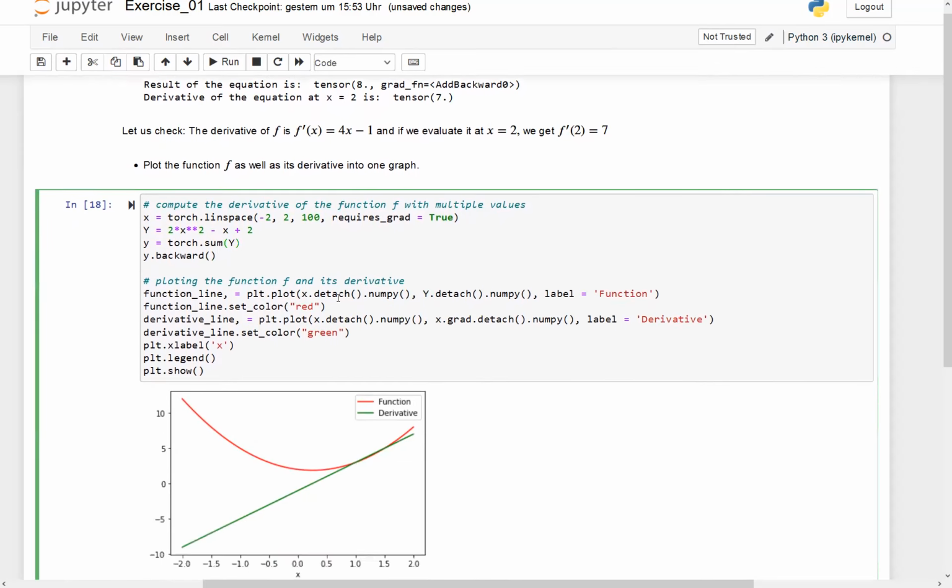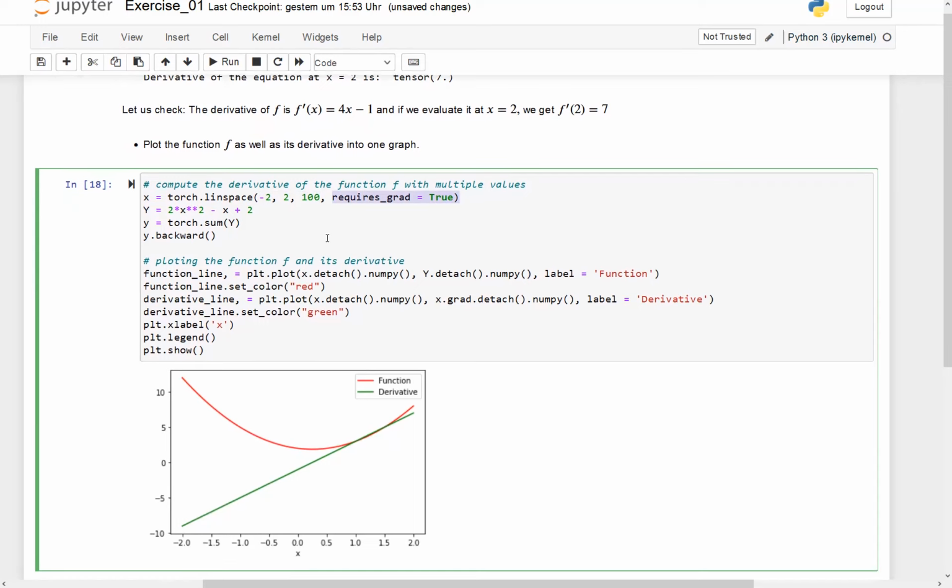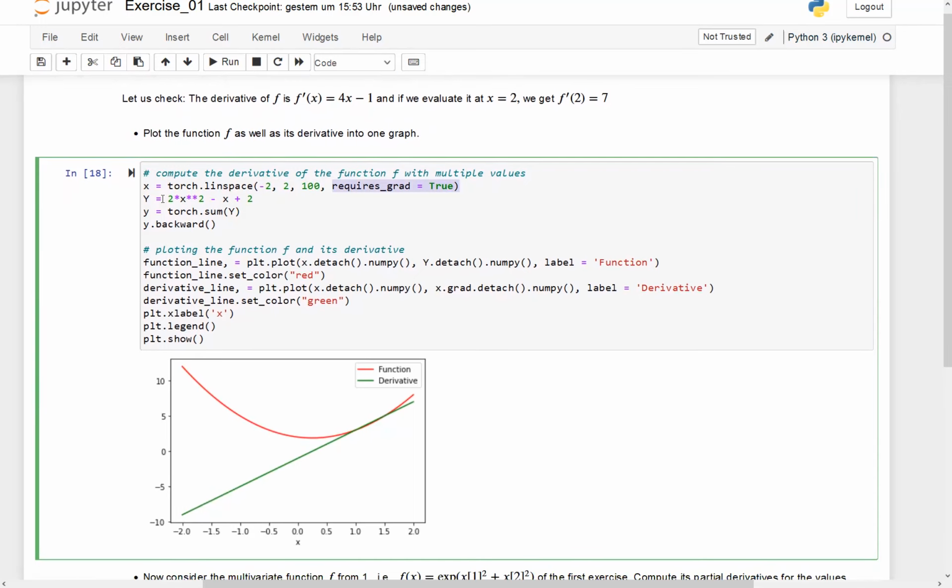Then we wanted to plot the function, and here we see the nice flexibility of the torch object, so that we can also have a range of different values. A linear space from -2 to 2 with 100 points. This is what it is telling you here. Again, we will use this later on to compute gradients. This is fine.